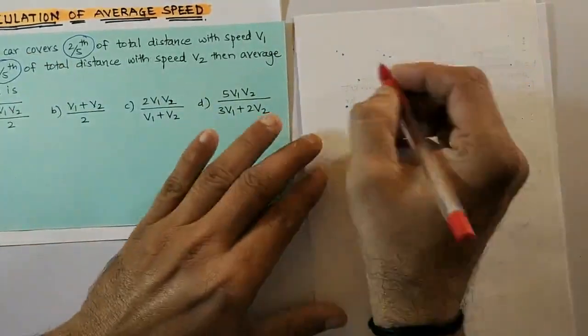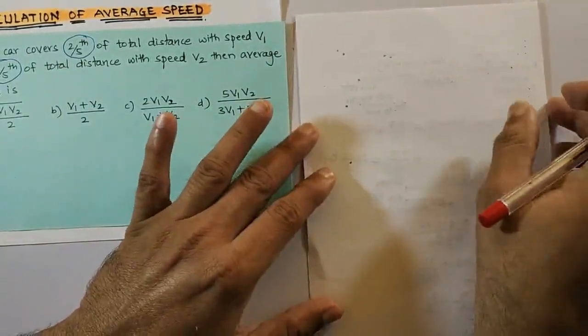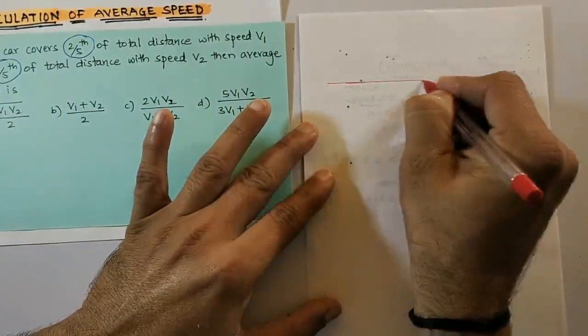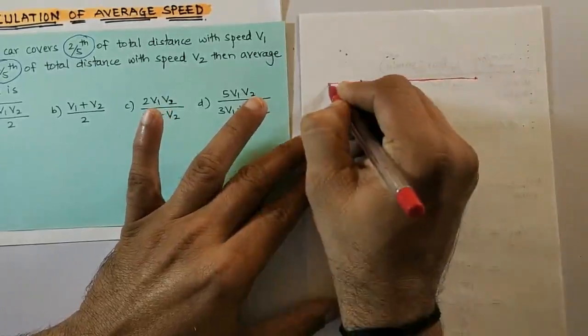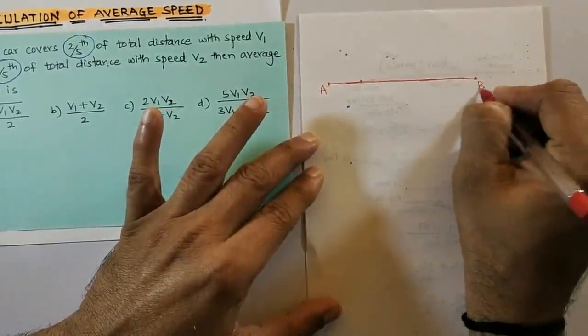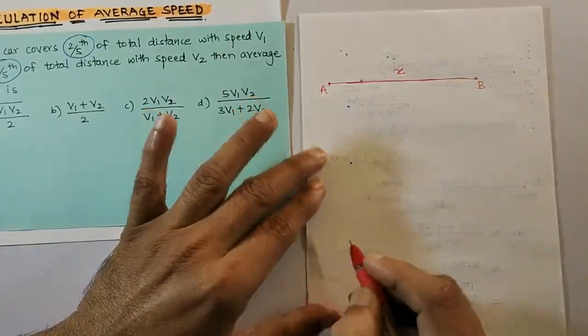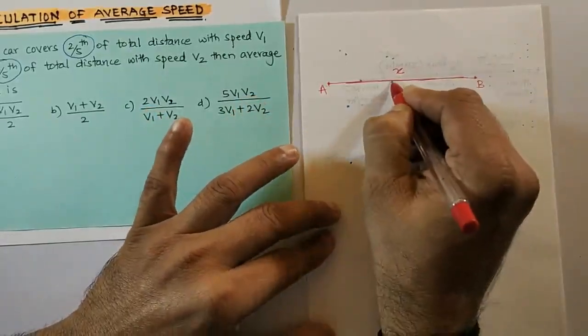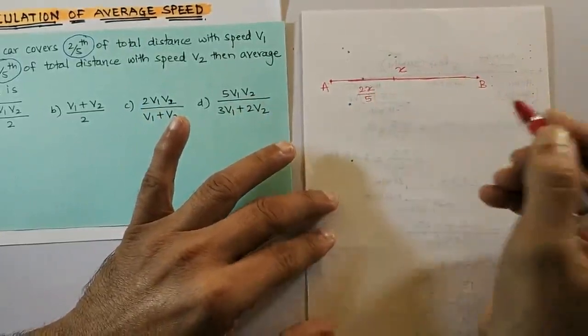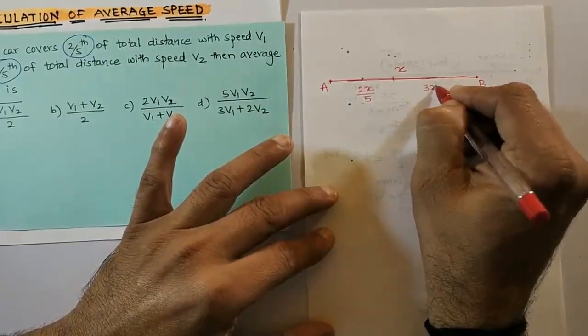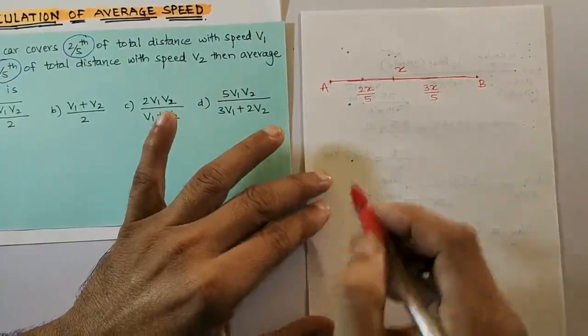So let total distance from A to B, I will take it as x. So 2/5 of this distance means 2x by 5, and 3/5 means 3x by 5.